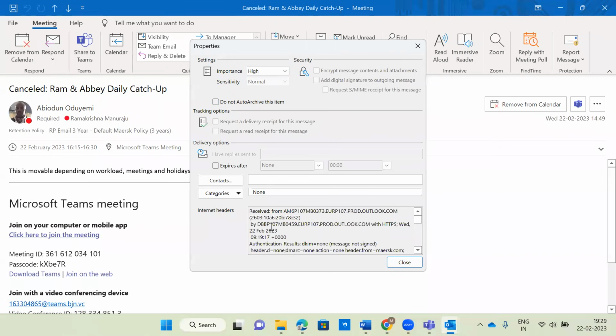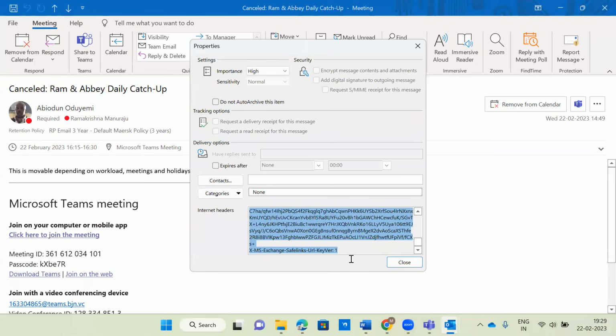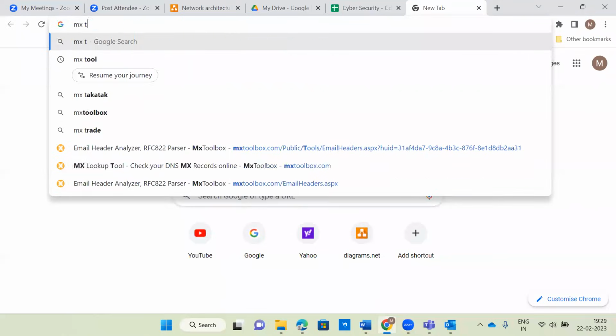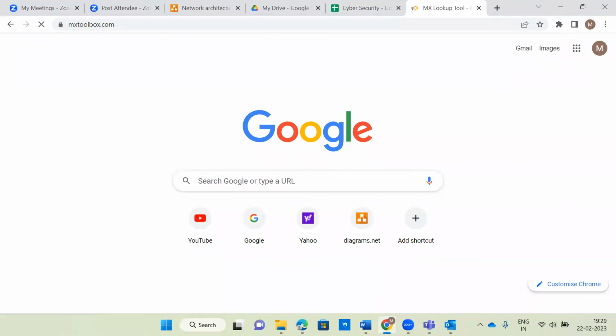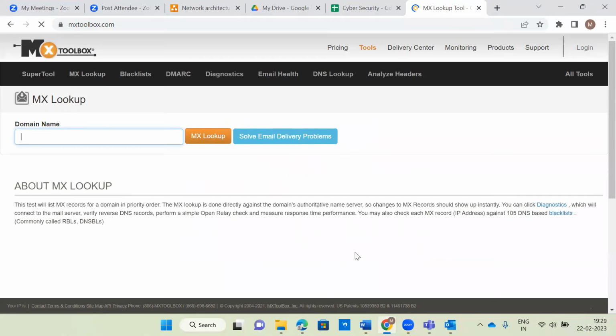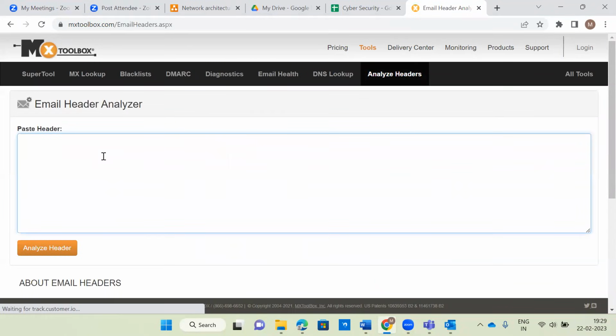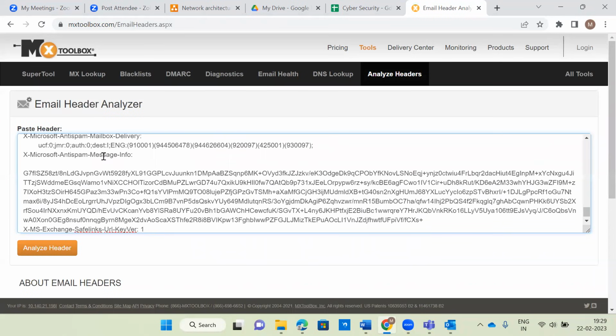Take this entire body of the content as the header analyzer and go to MX Toolbox. Copy and paste here whatever you copied and click on analyze header. This is how you have to explain to the interviewer.